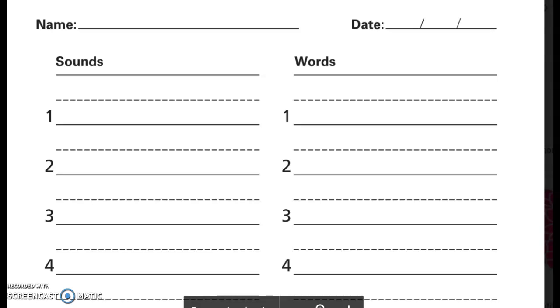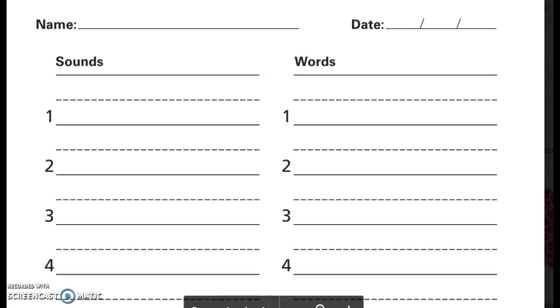I don't think you need to write anything down for this. So we're going to talk about the word frog. First, let's say the word frog. Try to say all of the sounds in the word frog.